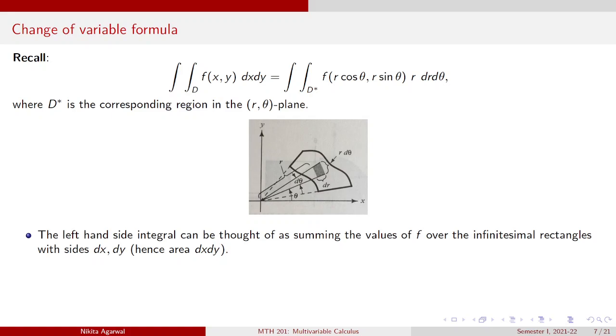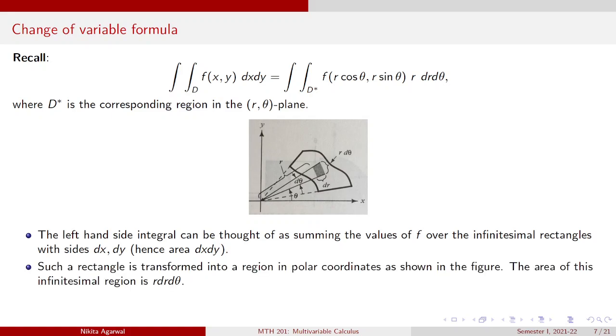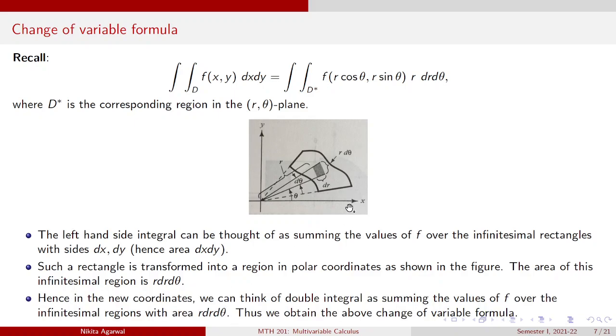So it's the same concept. Now such a rectangle is transformed into a region in polar coordinates as shown in this figure, and the area of this region is r dr d theta as I just described. So therefore in the new coordinates we can think of double integral as summing the values of f over the infinitesimal regions with area r dr d theta, and therefore we obtain this formula.